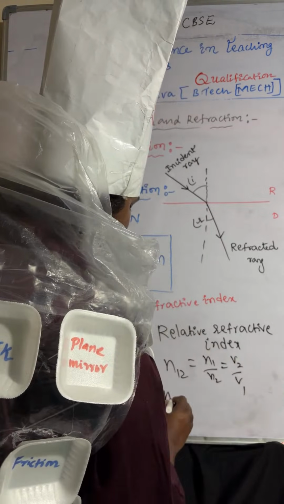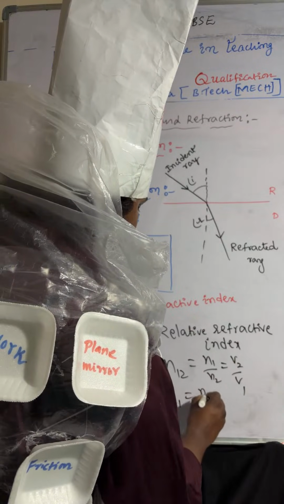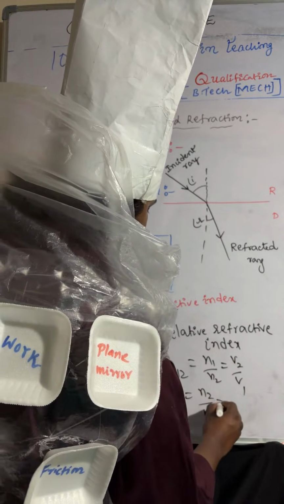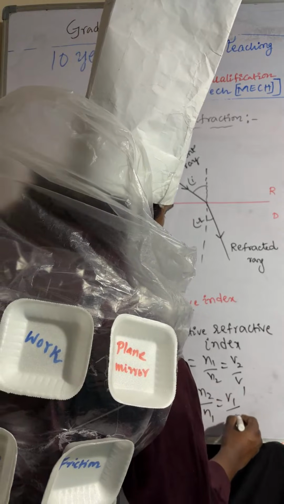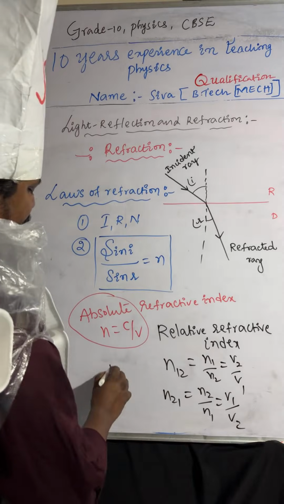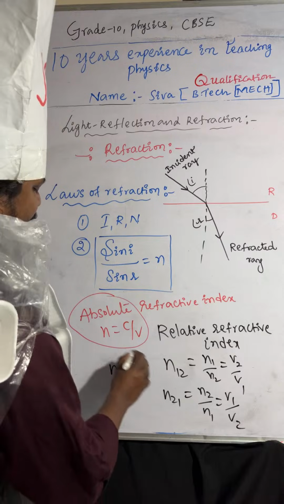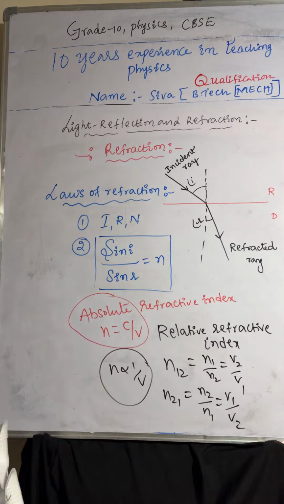If I take n21, that is nothing but n2 by n1, that is nothing but v1 by v2, because n is inversely proportional to velocity.